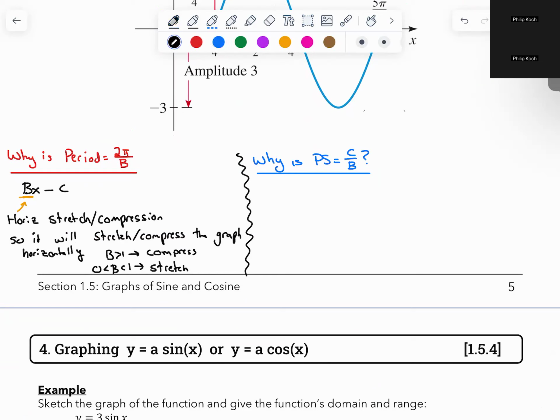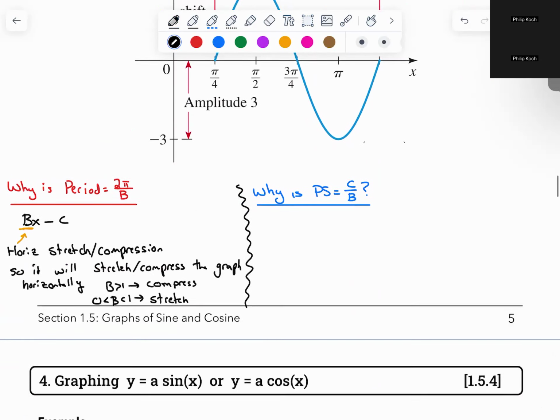The reason I'm doing this is because this is the way the book does it, but I fundamentally disagree with this format. Maybe I'm the only mathematician who thinks this. I complain about it in my department meetings, and everyone thinks I'm just crazy, which is true. But regardless, I think sinusoidal functions should be written as a sine of b times x minus c, plus d.